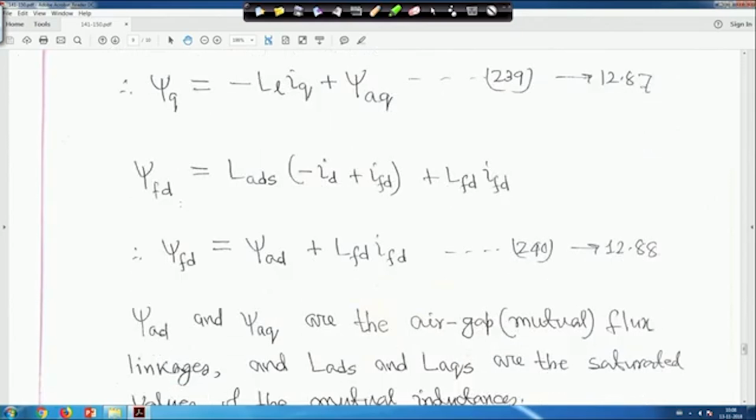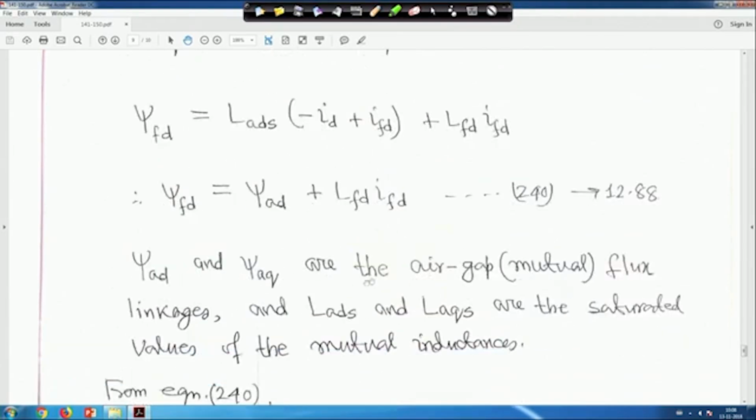Now, therefore, psi FD is equal to LADS bracket minus ID plus IFD plus LFD IFD, you go back to figure 20A or B, or psi FD is equal to psi AD plus LFD IFD, because this term is psi AD. That is equation 240.